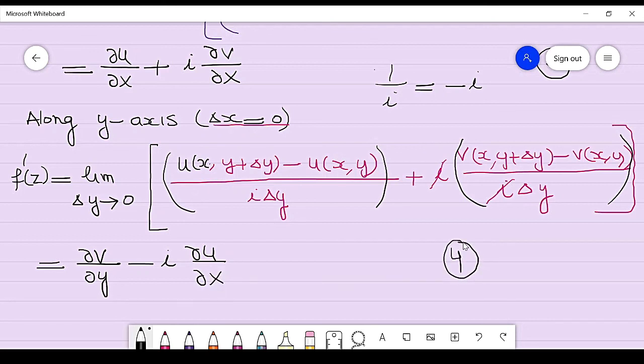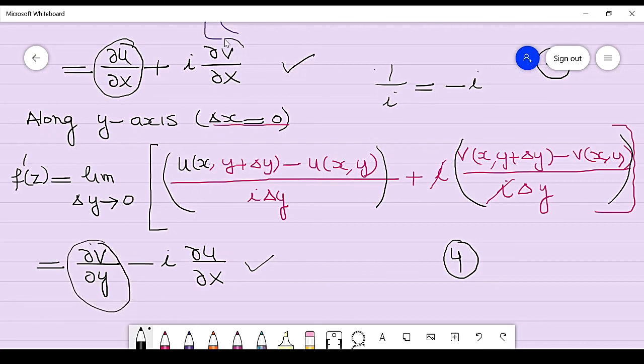Now equation number 3 and 4 are equal. If both equations are equal, then compare them: the real part is equal to the real part, and the imaginary part is equal to the imaginary part. The real part: curly u by curly x is equal to curly v by curly y.